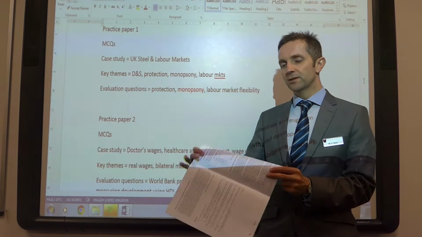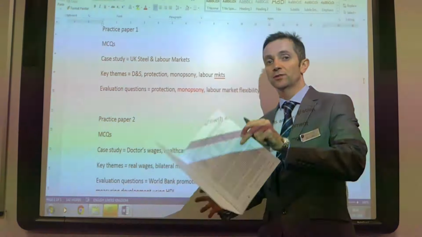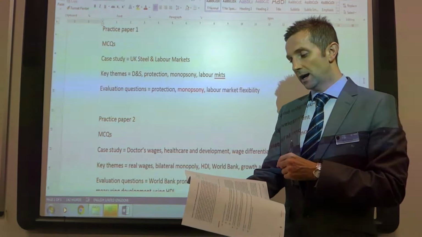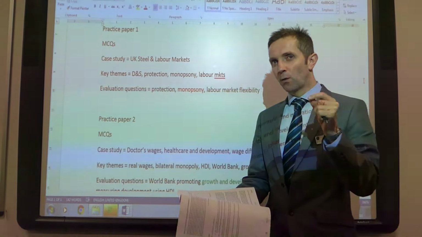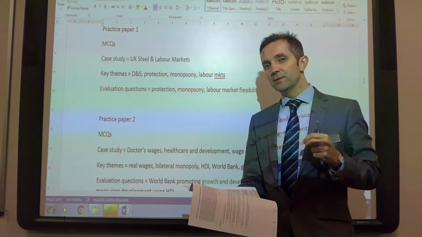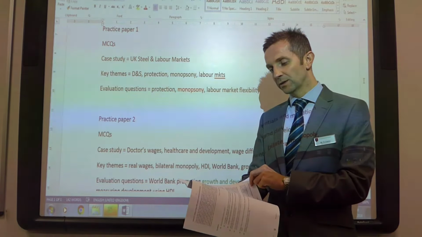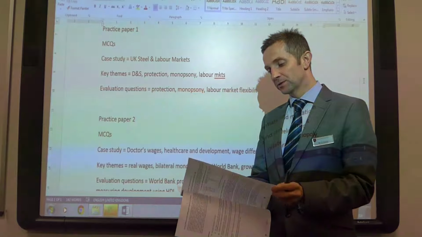For example, there's a large section here on the oil market, a page and a half indeed. And interestingly, on the Year 1 micro paper, which was sat yesterday, the whole theme was oil. So who knows if that might come up on the Year 2 paper as well.